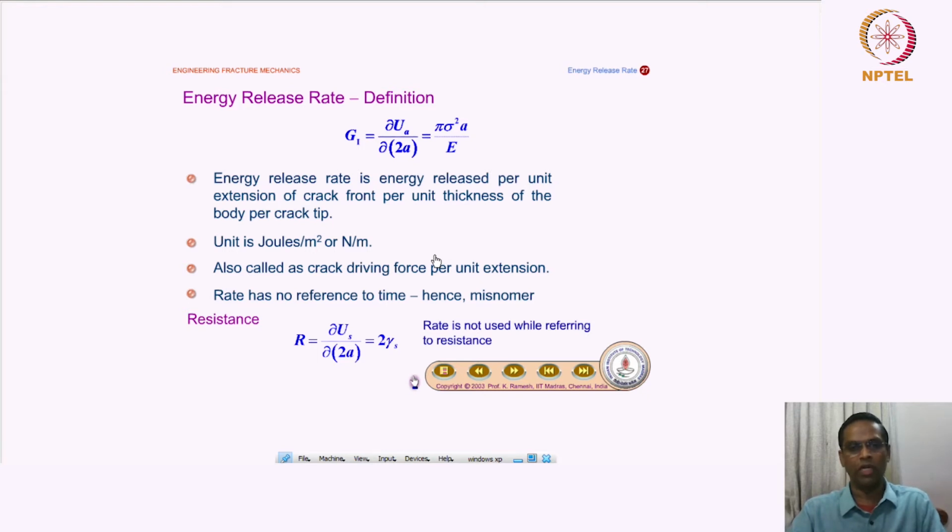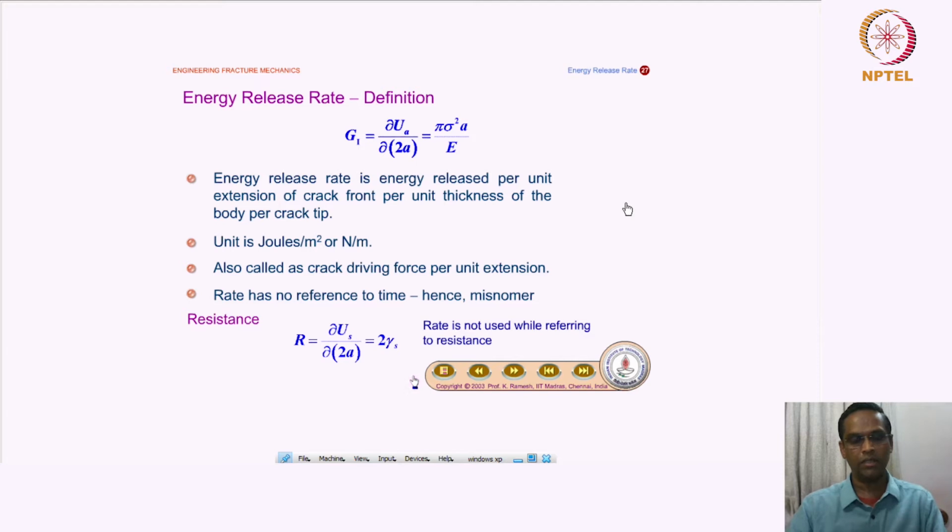The theoretical strength is always very high compared to the experimental values, and then we came to an understanding that dislocations are responsible for this lower yield strength value as compared to the theoretical. This is what we saw in the earlier lectures, and we concluded it is because of dislocations.